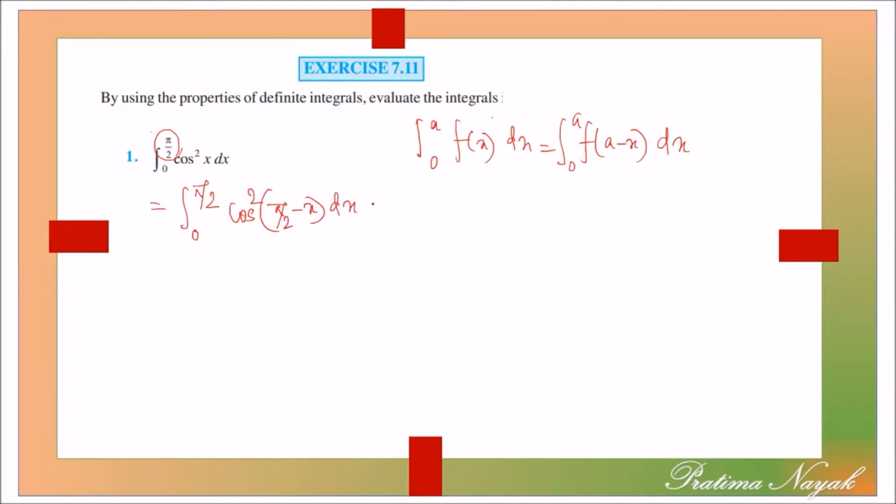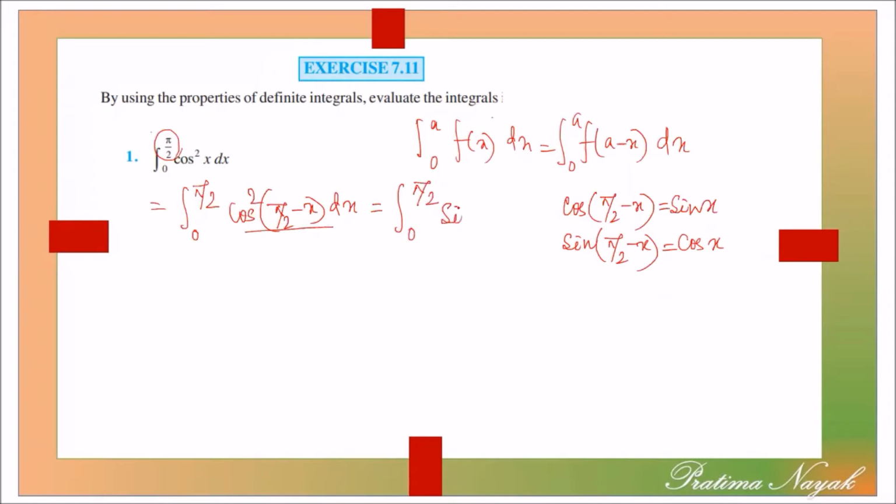Now here, one very simple thing you have to remember, that cos pi by 2 minus x is equal to sin x, and sin pi by 2 minus x is equal to cos x. In this question it is not required, but you have to recall. Now how much it will be? It will be 0 to pi by 2, then it will be sin x whole square.